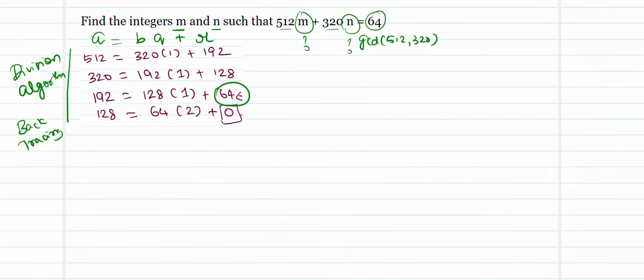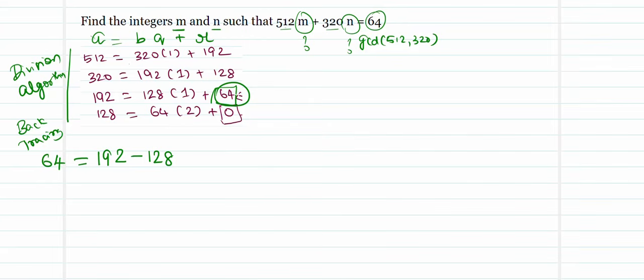To find this, I begin with the number 64. Just rewrite the value of 64 in terms of the quantities to the left. 64 can be expressed as 192 minus 128. So this is going to be our step 1.